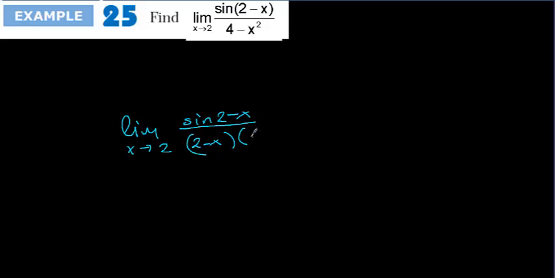This question is a bit different, because here x isn't approaching 0. X tends to 2. So limit x tends to 2, sine 2 minus x over 2 minus x times 2 plus x, we can write.